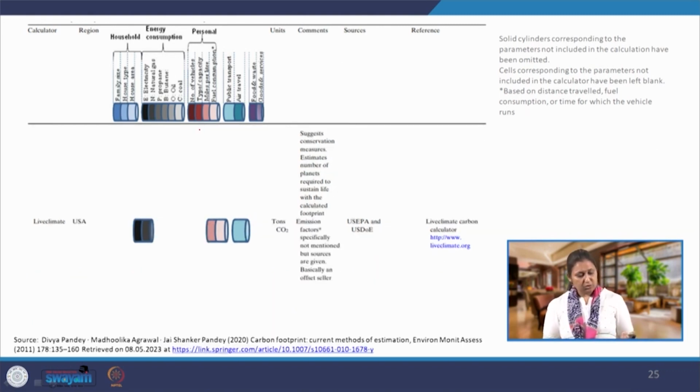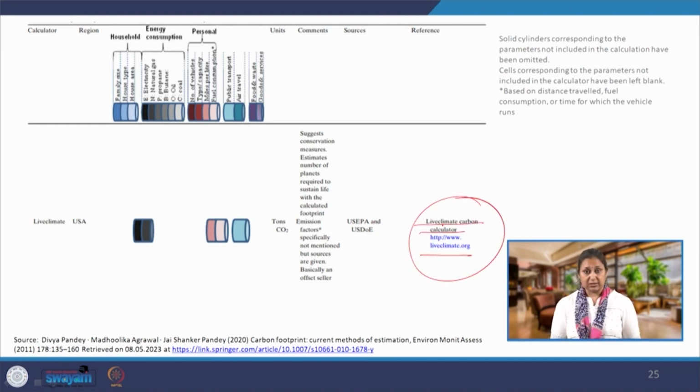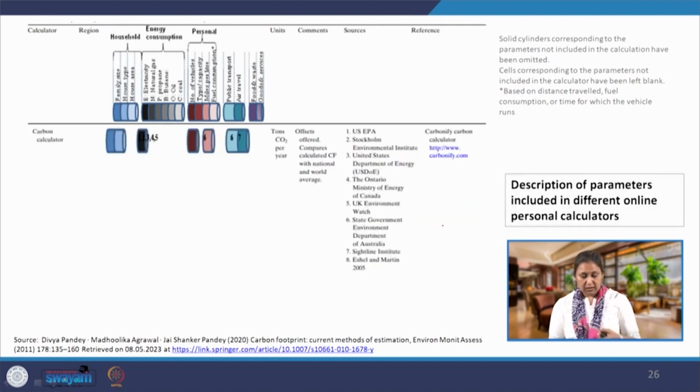You can go through this paper and you can go through these slides, which will be made available to you as transcripts of this particular course and lectures. You can go through these individual tools. There are websites which mention what and where these calculators are available, and you can also see what inventories have gone in.